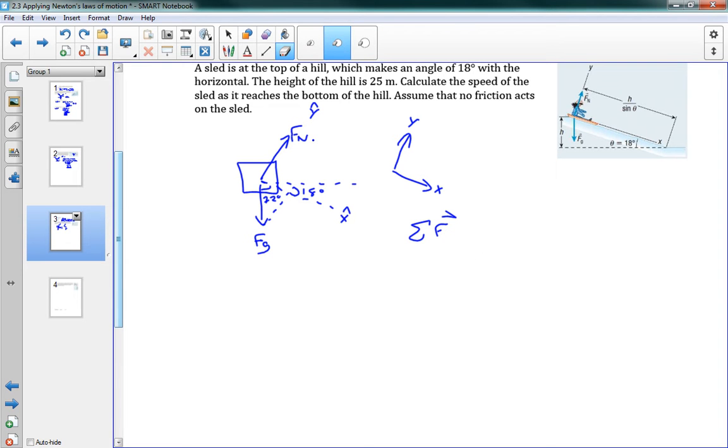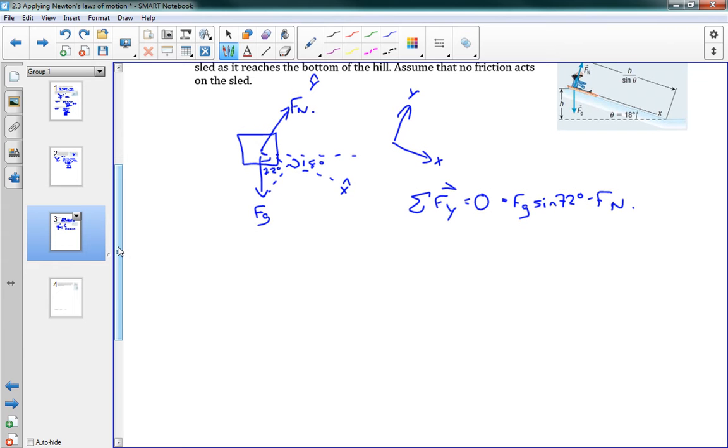I'll just put the y, and I'll say the net y force is going to be equal to 0 because it's not accelerating into the hill at all. It's just accelerating down the hill. So the net y force is equal to 0, and that's also equal to Fg sine 72 degrees minus Fn. So another way of saying that is that the normal force is equal to Fg sine 72.